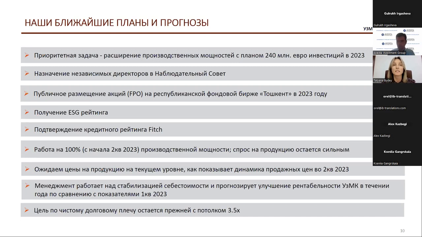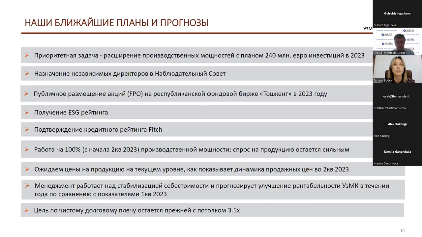During the year, we're going to further strengthen our corporate governance practices, nominate independent directors, which is the top priority for our supervisory board this year. It's important for us to have the Fitch rating affirmed, but in addition to that, we're going to secure an ESG rating this year.